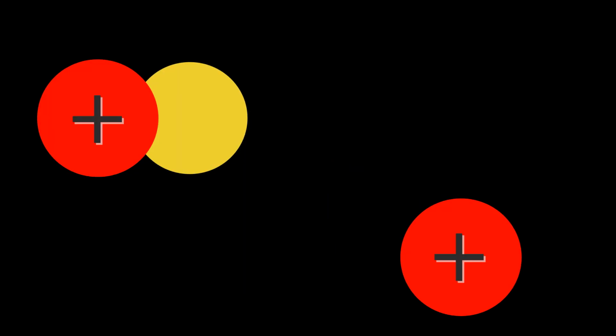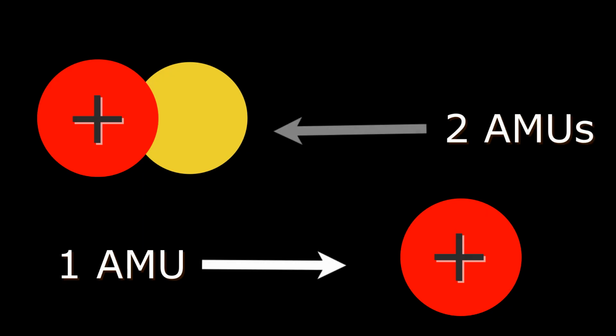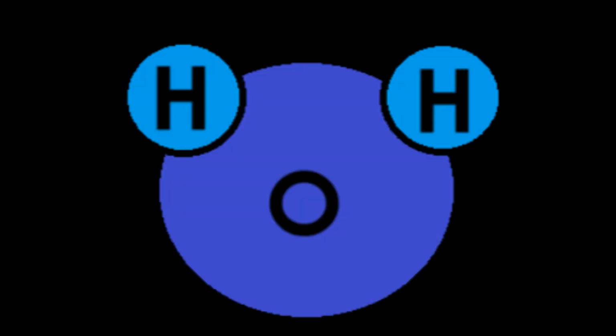In our last video, we discussed how hydrogen can have a mass of either 1 AMU or 2 AMU. Let's see how that looks when in water. Water has 2 hydrogens and 1 oxygen. In this case, we have a water molecule where both hydrogen isotopes have a mass of 1 AMU, and our oxygen has a mass of 16 AMU, so our water's total mass is 18 AMU.